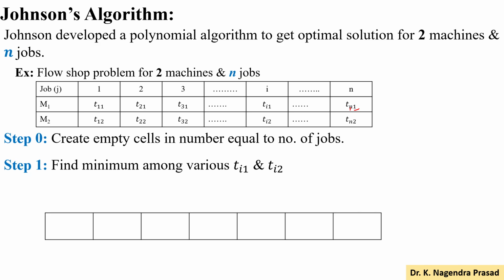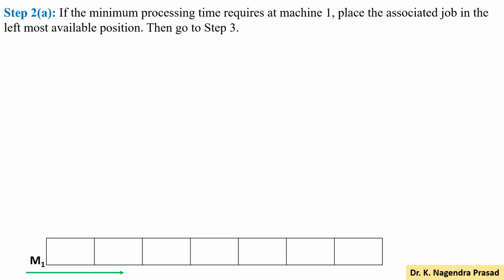So first we have to observe the minimum processing time for all the jobs. Next, step 2a is, if the minimum processing time occurs at machine 1, then you have to place the respective job in the leftmost available position.